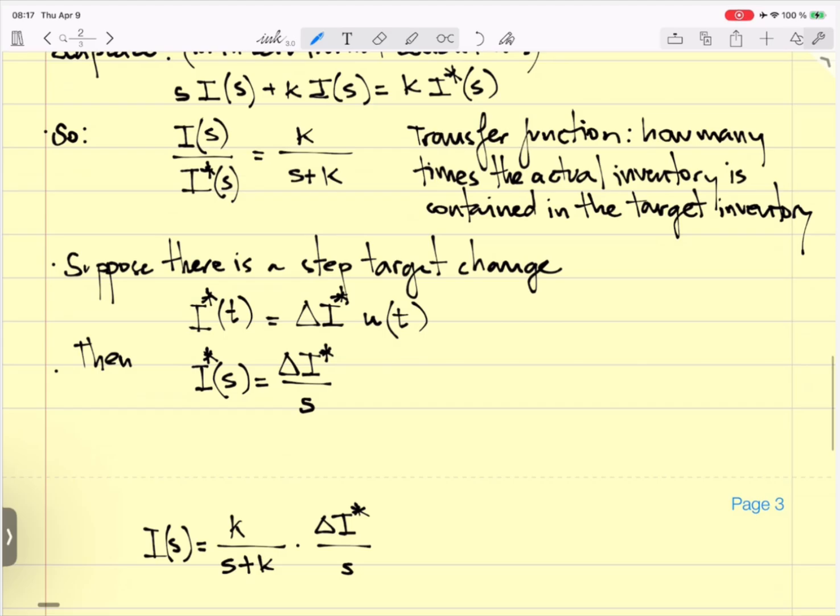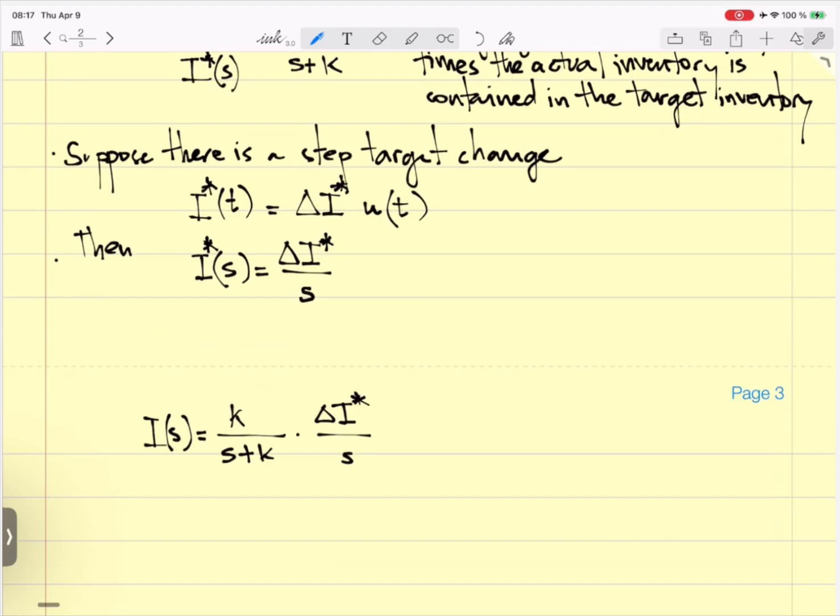If we solve this, we get delta I star, the increase of the inventory target, times 1 divided by 1 plus s divided by k.